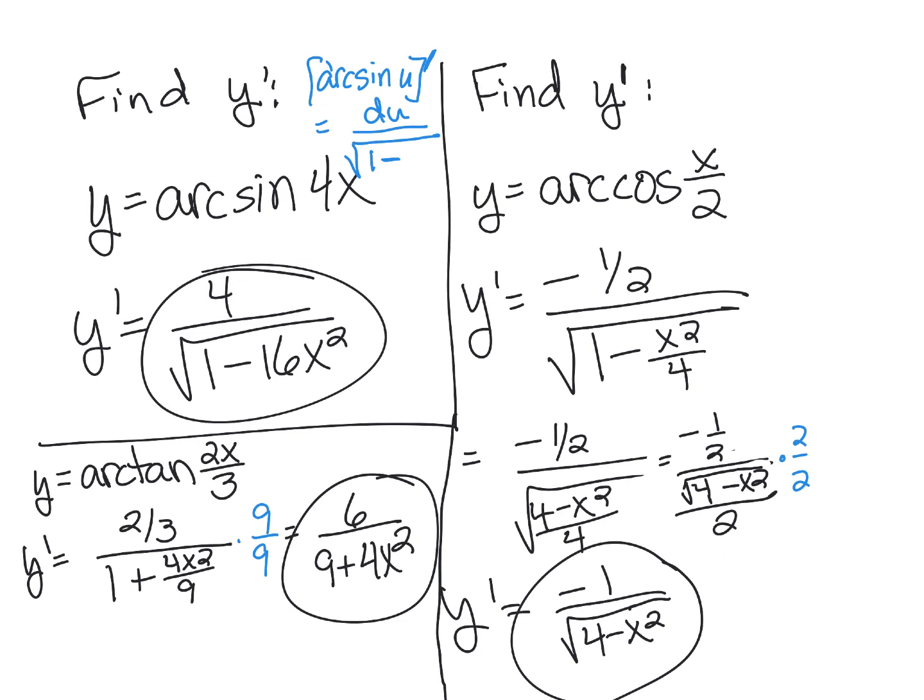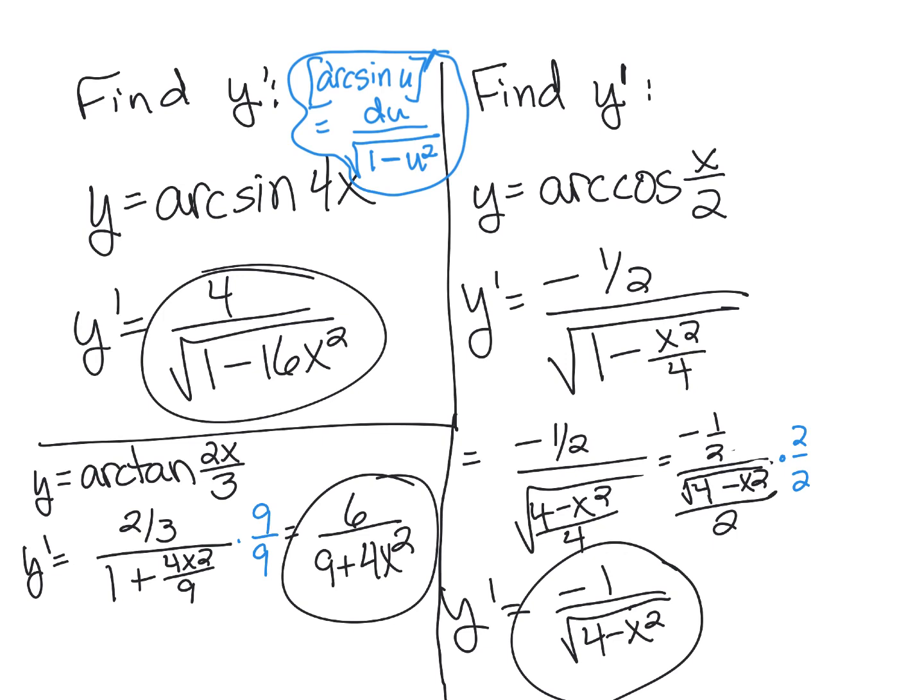And you're going to square whatever the u is. So there's your formula for the derivative of the arc sine, and we're just going to make it fit. All right, this is my u, so my du is 4. Squaring this thing, I get 16x squared. Boom, my derivative is done.